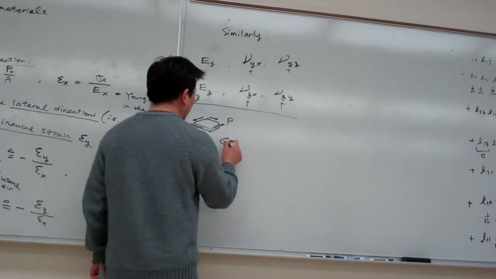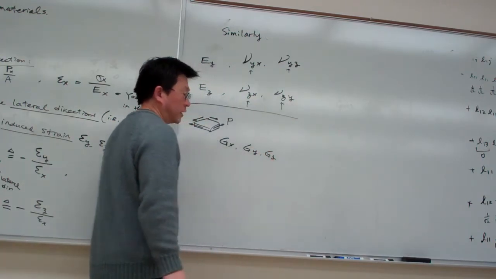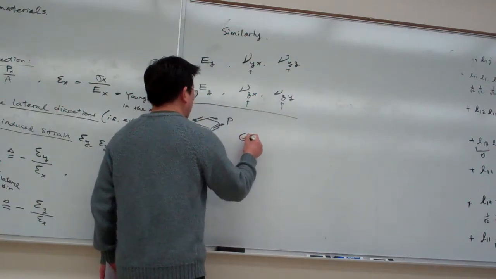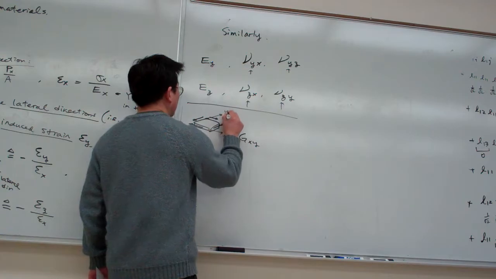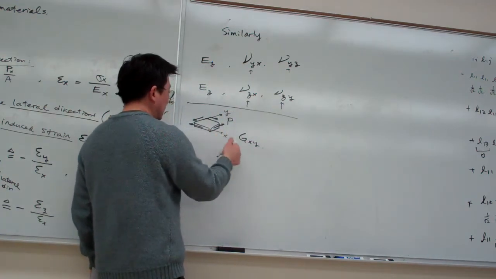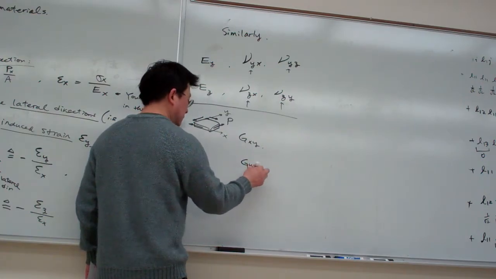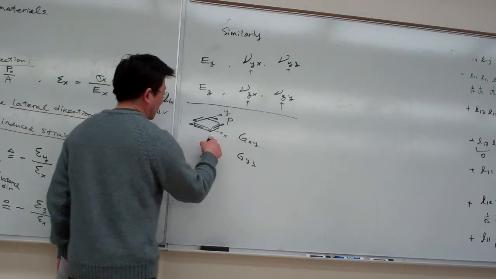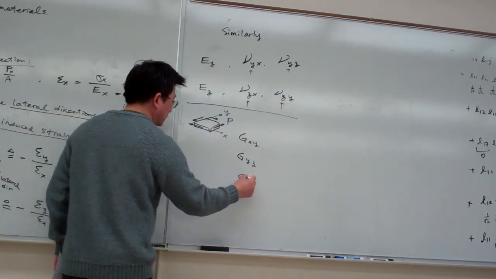So from shear, you will have Gxy, for example, in the xy plane. And repeat the same thing on the yz plane, so Gyz. Okay, repeat the same thing in the xz plane, Gxz.